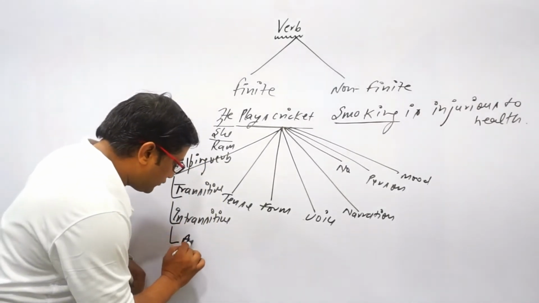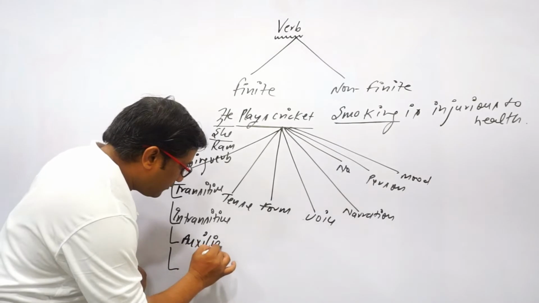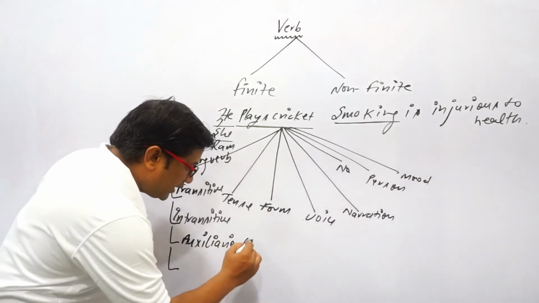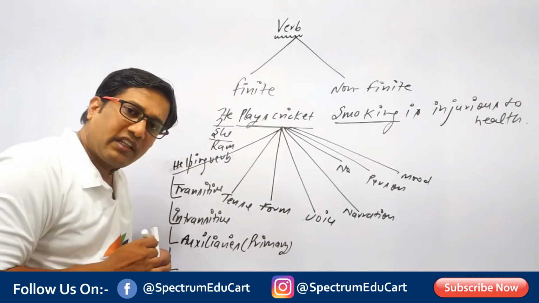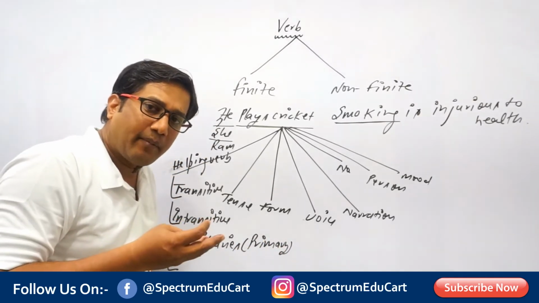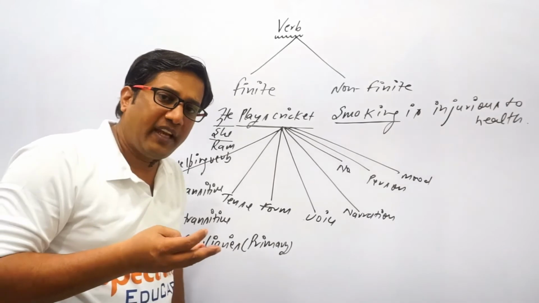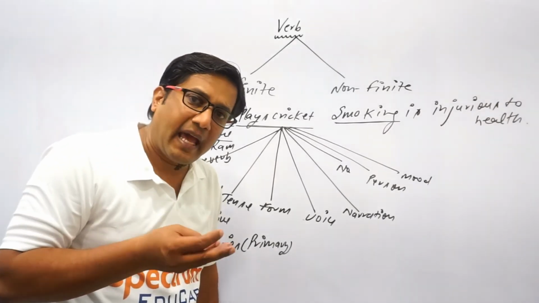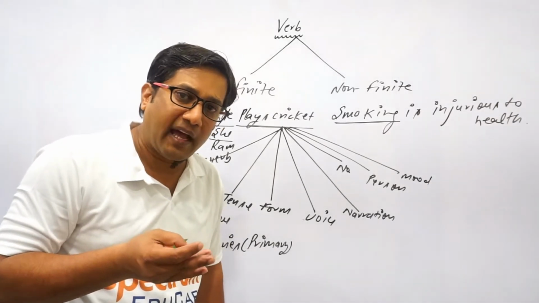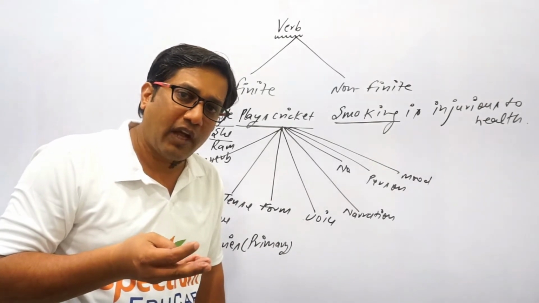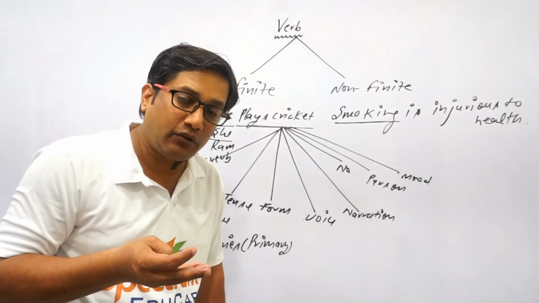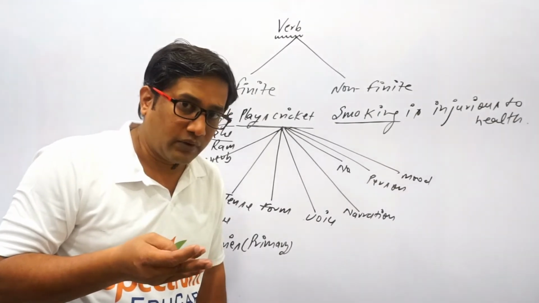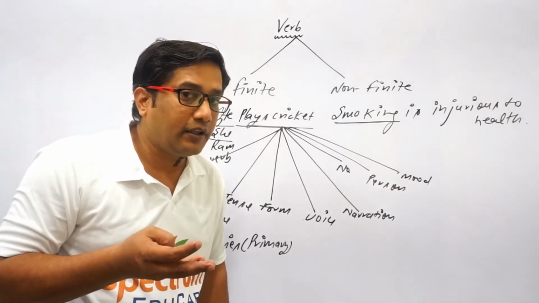Next one is auxiliaries. So there are 2. One is primary. In primary auxiliaries you learn is, am, are, was, were, will be, shall be, then has, have, had, will have, shall have, has to, have to, had to, will have to, is to, am to, are to, was to, were to, then need, dare, used to.